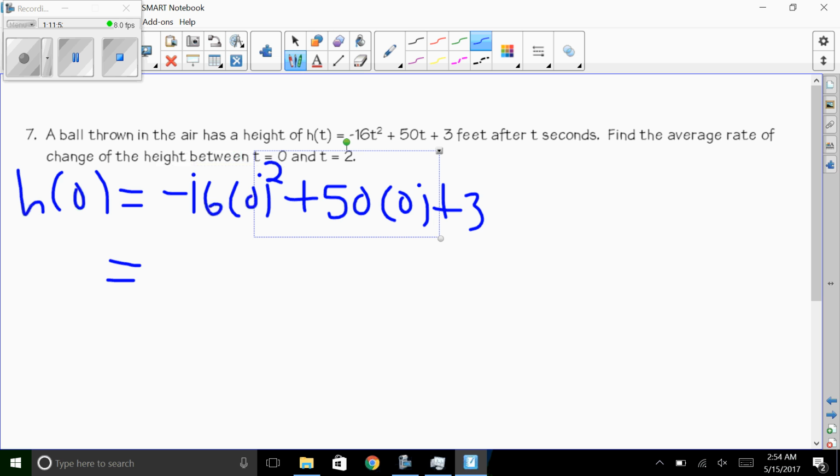That's going to equal 3. So 0, 3 is the first coordinate.